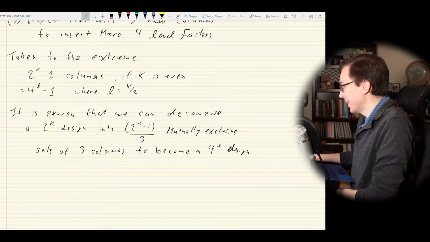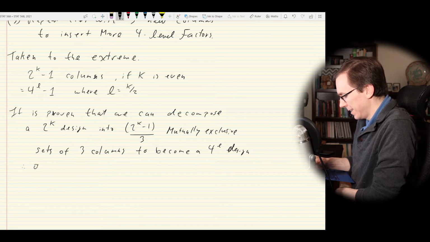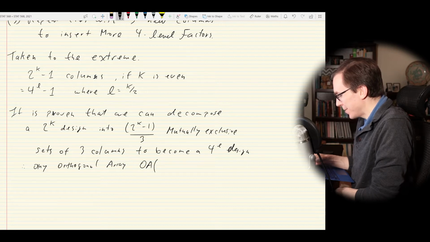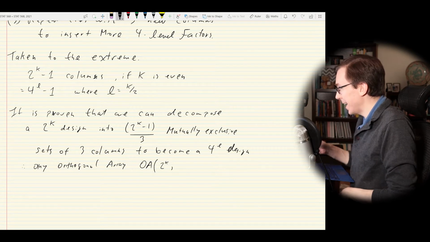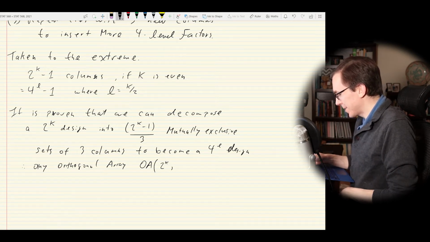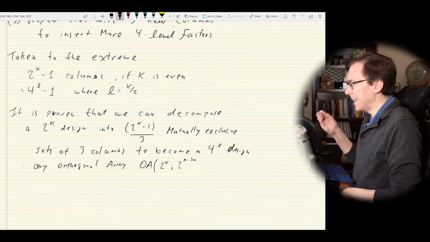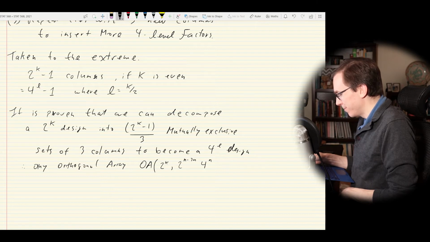And what we end up with is that any orthogonal array, where I have 2 to the K rows, will look like 2 to the m minus 3n, where m is the number of factors that I'm starting with, and 3n is the number that I've taken away and turned into 4 to the n, with whatever strength.